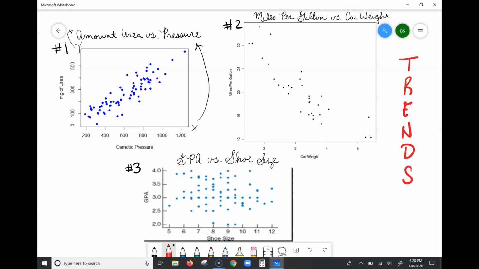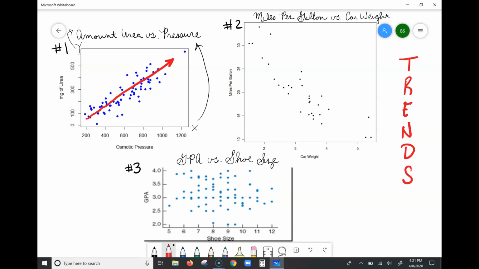You can have a trend like you see on graph number 1, where it looks like as you read it from left to right, because we always read graphs from left to right, the dots, the points are increasing, okay?